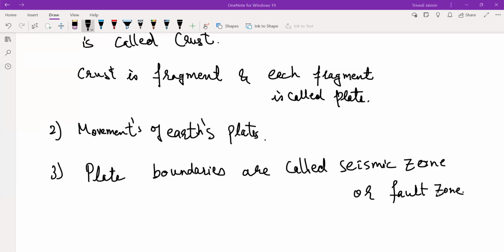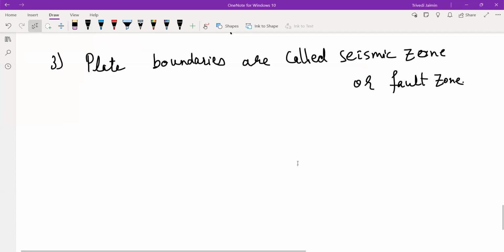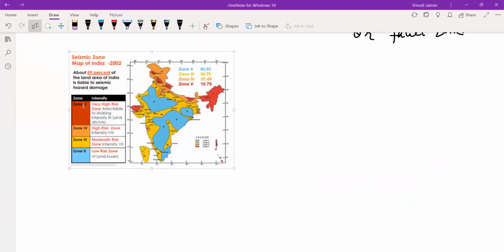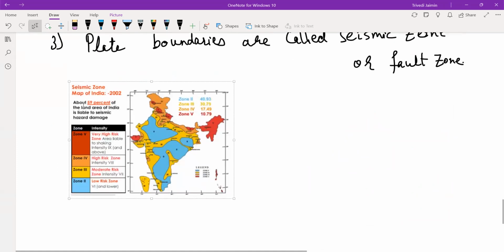Yeah, see, I got it. I got a picture, nice. It's from a government website, the National Institute of Disaster Management. Can you see that?